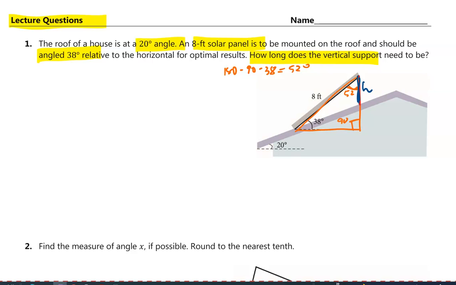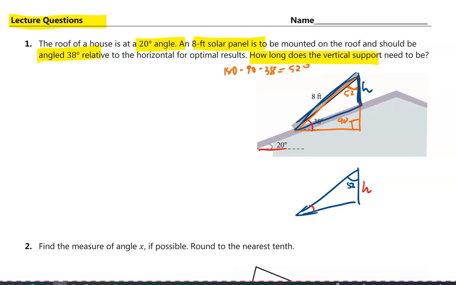So we want to use this triangle here, this blue triangle here. I'm going to sketch that here. So we know that this is 52 degrees, and this is what we want to solve for, this height. And we will be able to get this angle since we have here a 20 degrees angle, and this is 38.